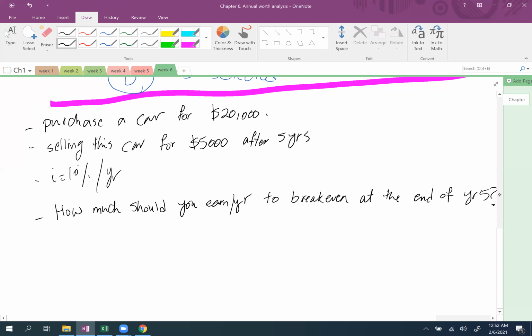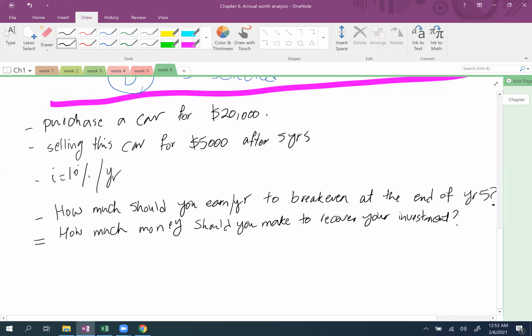You are going to make some money by working at Uber, but the question is how much you have to make per year to break even, or how much money should you make per year to recover your investment?